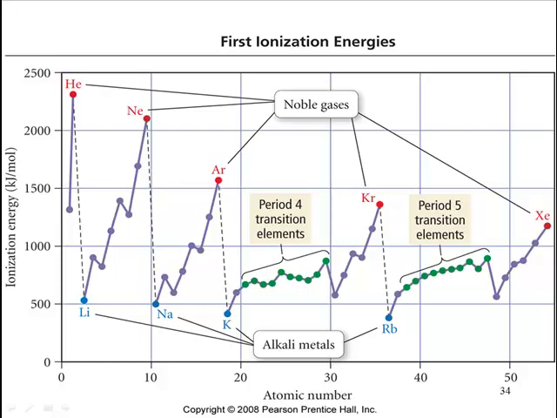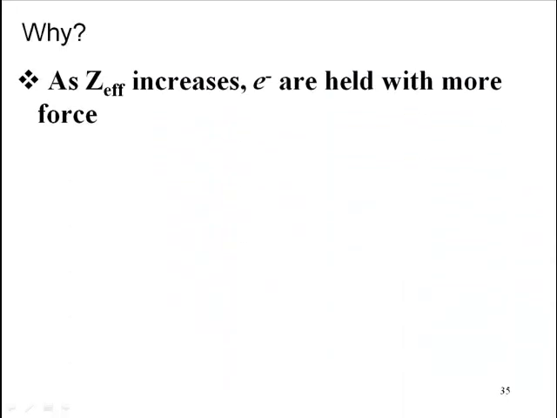Well, this kind of seems like the reverse of something we saw earlier, right? What did we see earlier that was reversed? Size? All right, so size and ionization energy seem to be pretty easy, right? One goes up, the other goes down. Why? Well, as the Zeff increases, the electrons are held with more force.